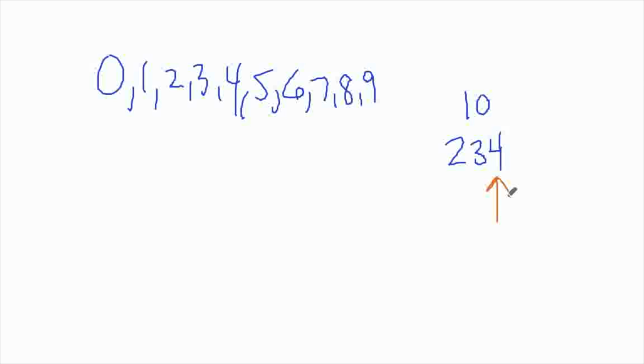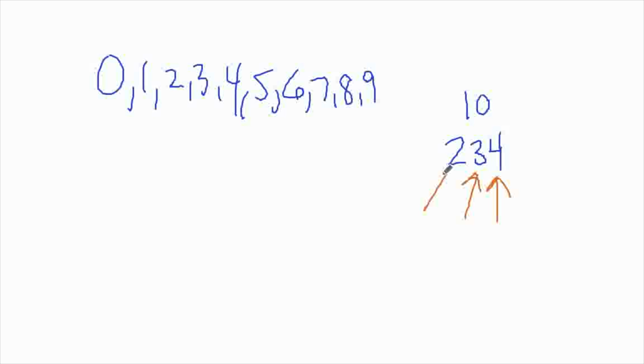So the 4 represents 4 quantities: 4 iPhones, 4 Incredible Hulks, 4 of anything, 4 staplers. The second number starting from the left represents how many packets of 10 that you have. So in this case, you have 3 groups of 10 paper clips, which represents 30 paper clips, right?